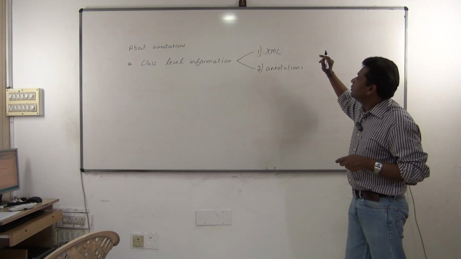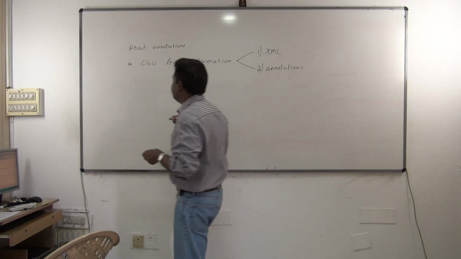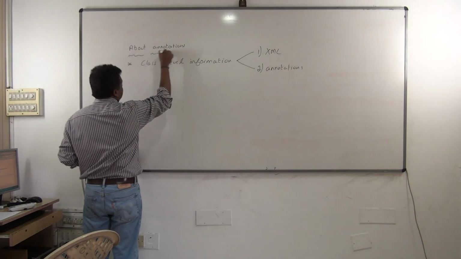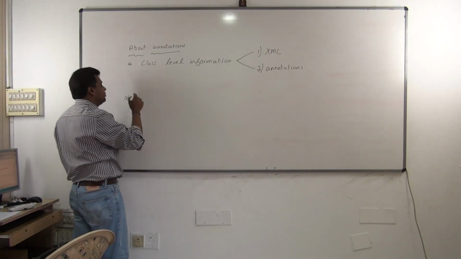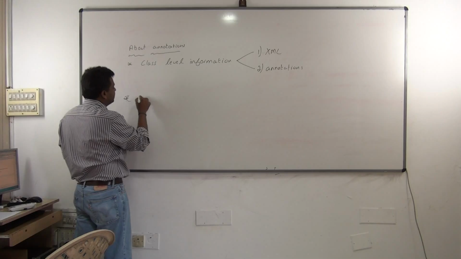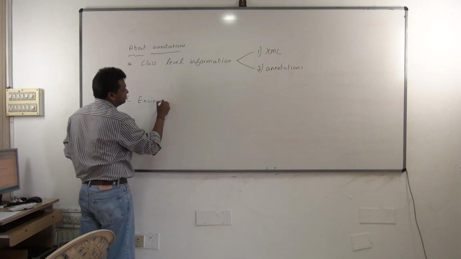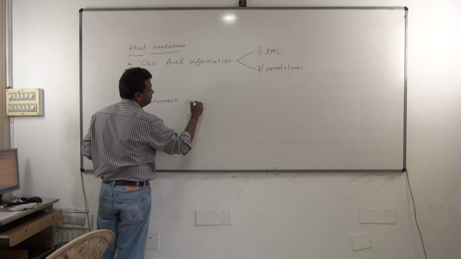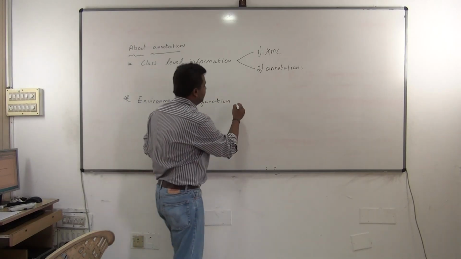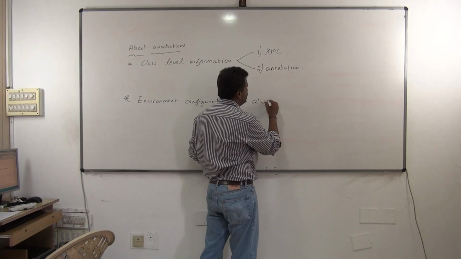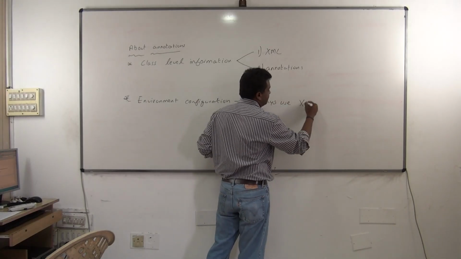So then there is one more thing you have to understand about annotations. About class level information you will be using annotations, but there is something called environment configuration. For environment configuration, we always use XML.